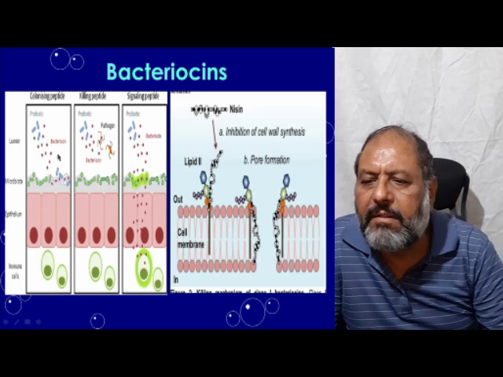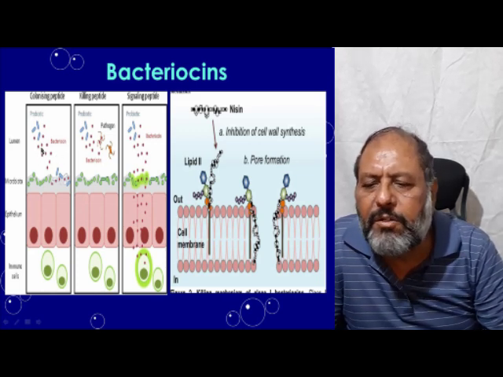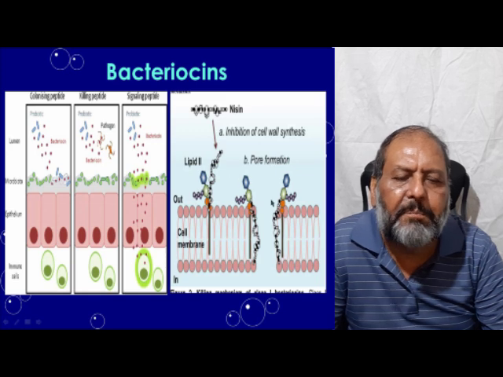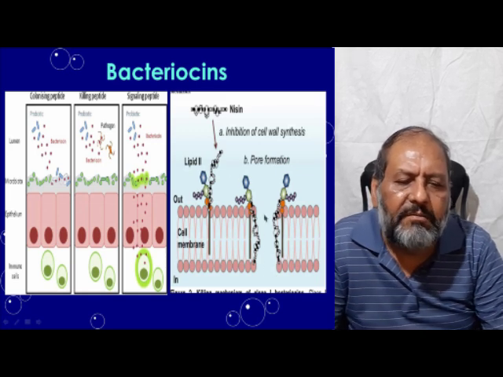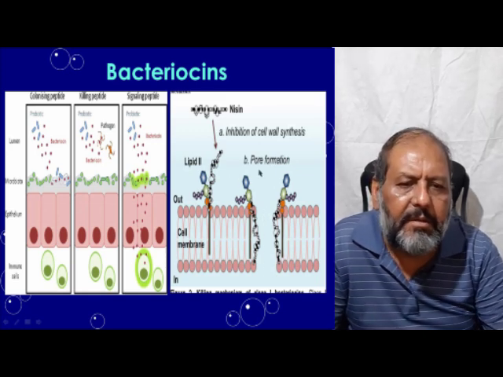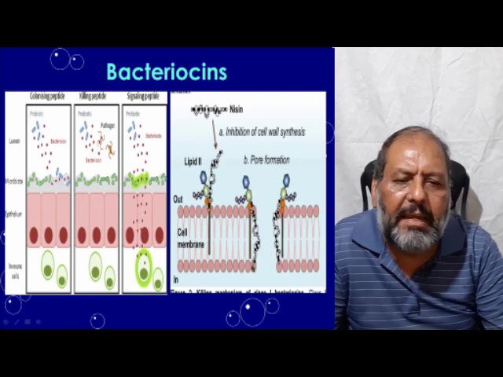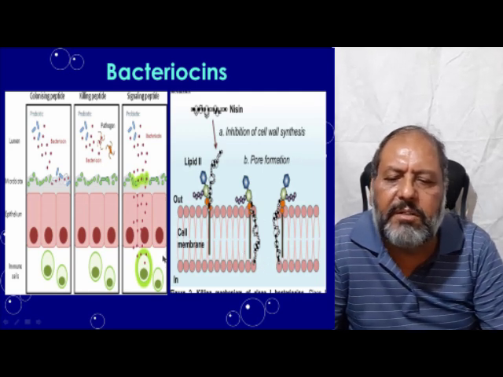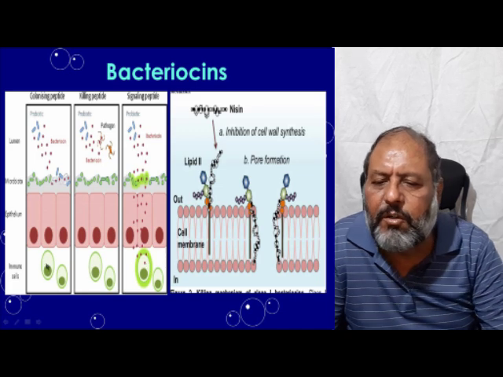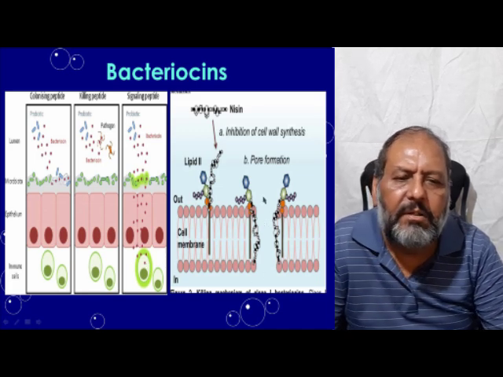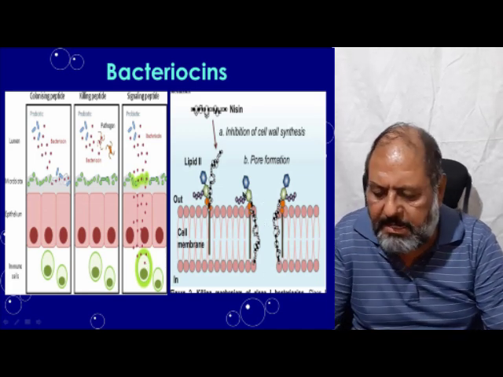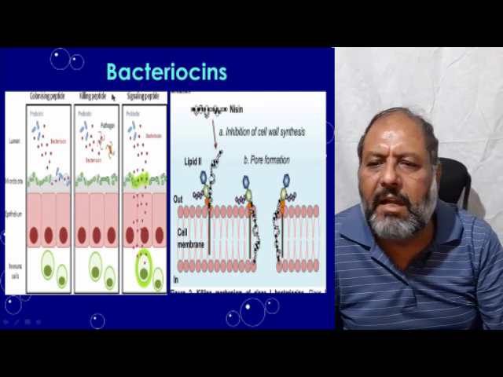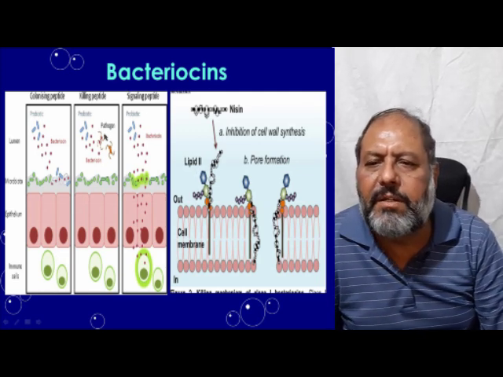So these are the bacteriocins, and as you can see in the next slide, they are capable of disrupting the cell wall and cell membrane, making pores and destroying the cell, so that every content of the cytoplasm leaks out and the bacterial cell dies. That is all because of bacteriocin action.